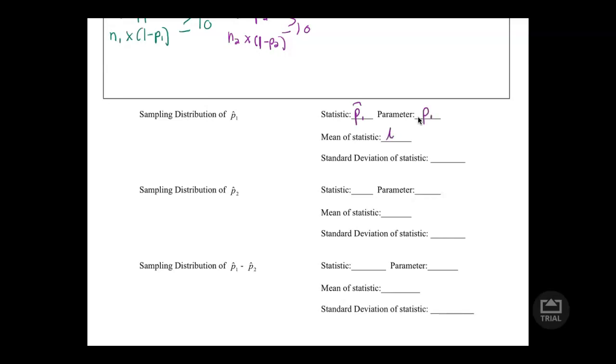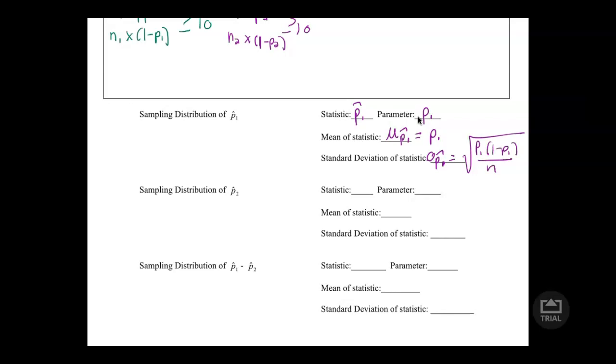The mean of the statistic, we already talked about, would be equal to the parameter, so it would be p1. And then the standard deviation of the statistic, if you remember from previous units, will be the square root of p1 times 1 minus p1 all over n. We've used that formula many times.